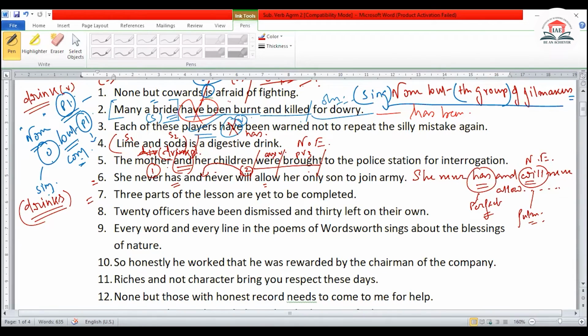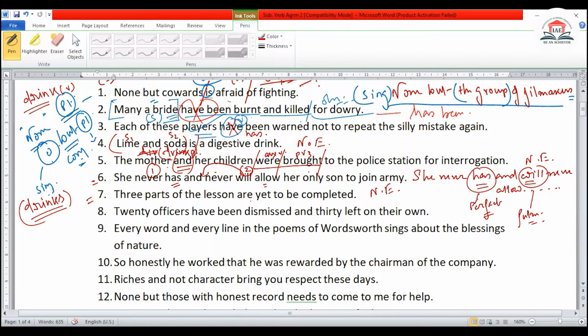Three parts of the lesson are yet to be completed. No error.